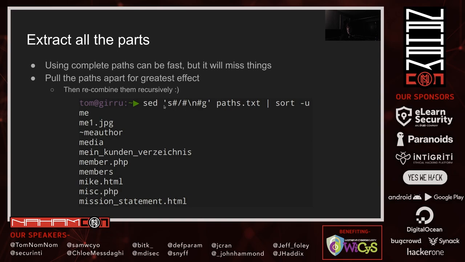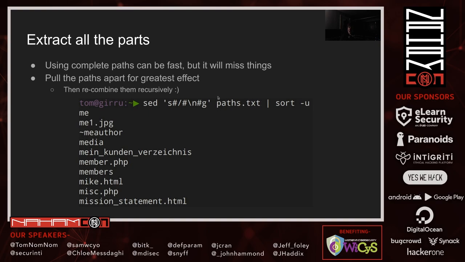And here I've just given it a regular expression to say, search for a pattern, which is the part between the first two hashes, which is just a /, and replace it with a new line character. And then this hash is the end of the pattern, and the g is for global. So if it appears more than once on a line, both will be replaced. By default, only the first one's replaced.